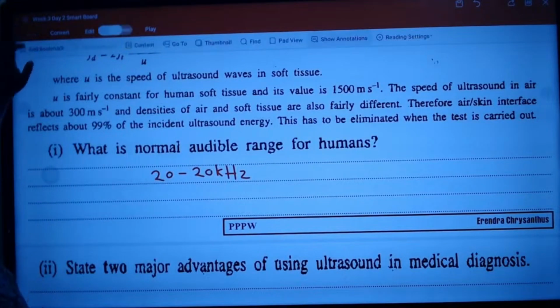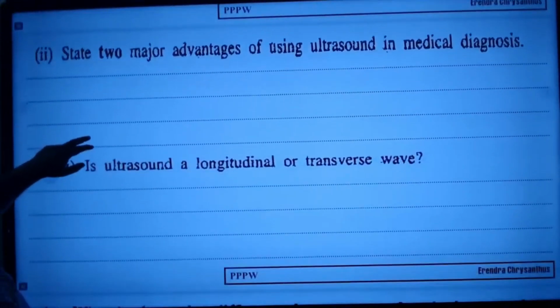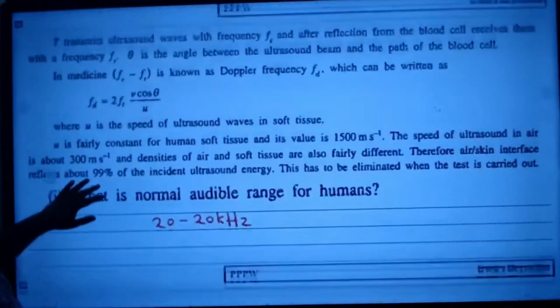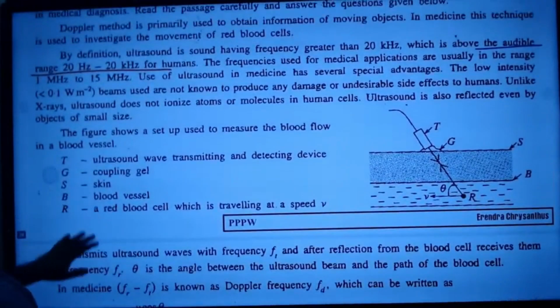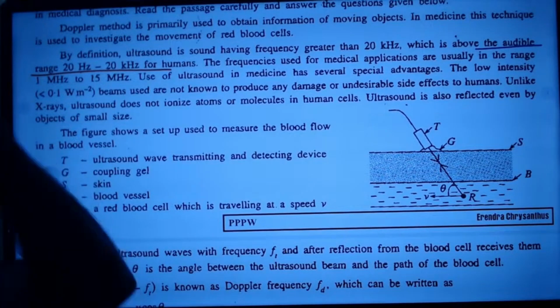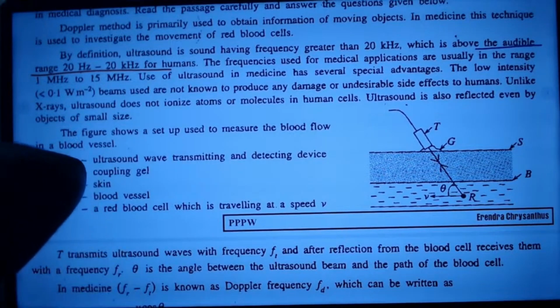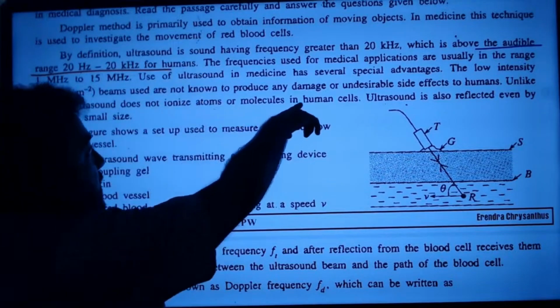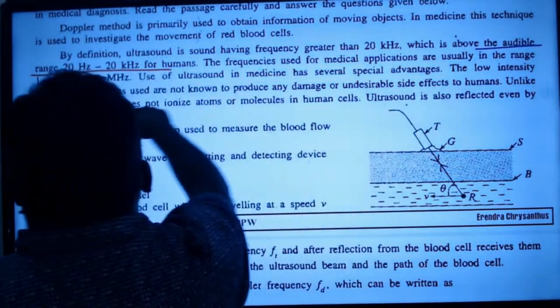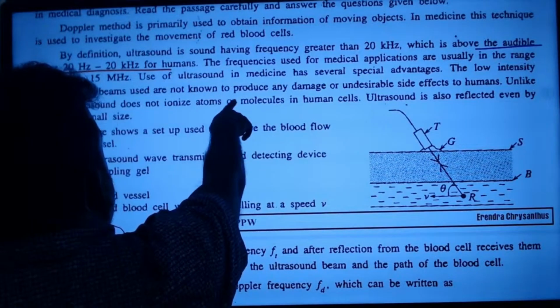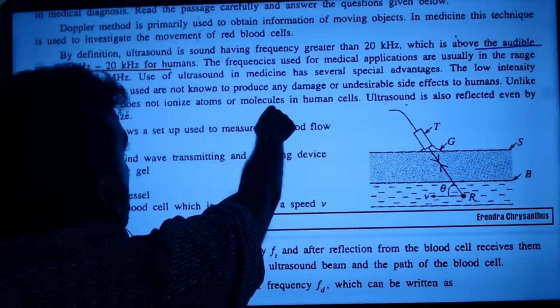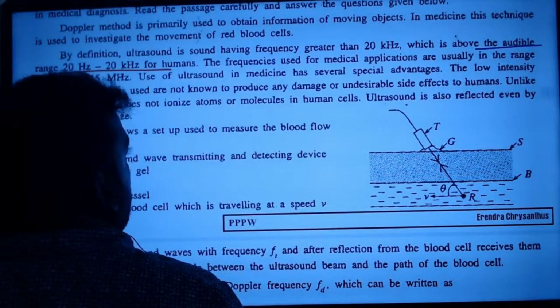Next one. State 2 advantages of using ultrasound in medical diagnosis. Right. Let's do. Use of ultrasound in medicine has several advantages. The low intensity beams used are not known to produce any damage or undesirable effects to humans.